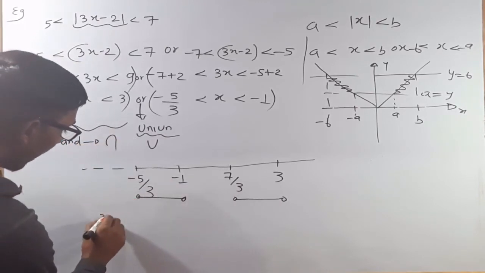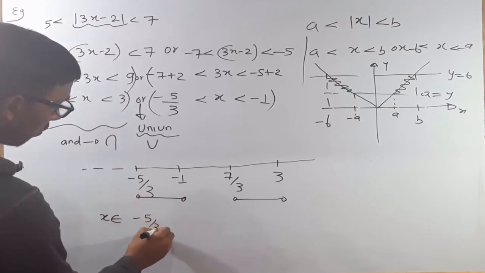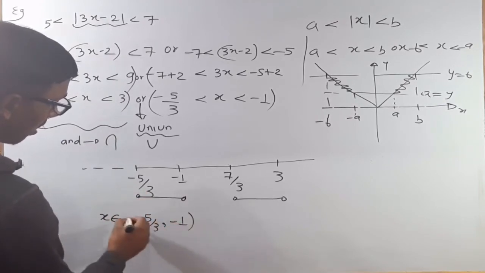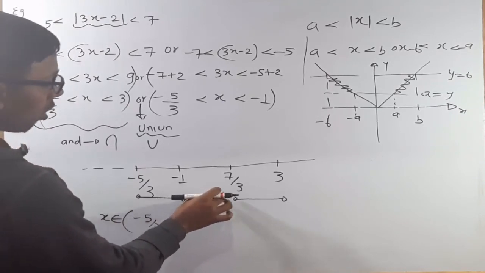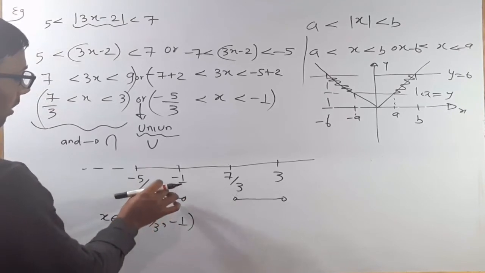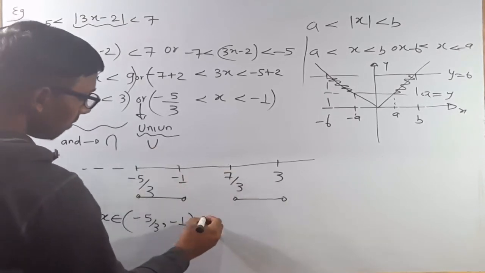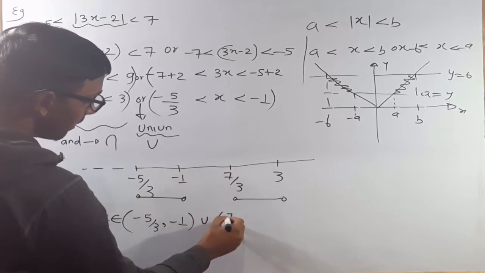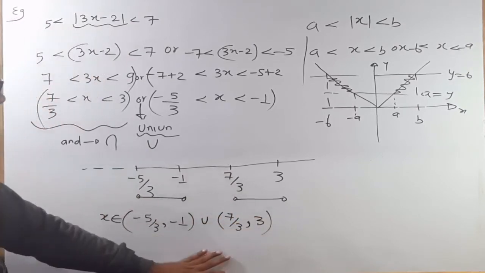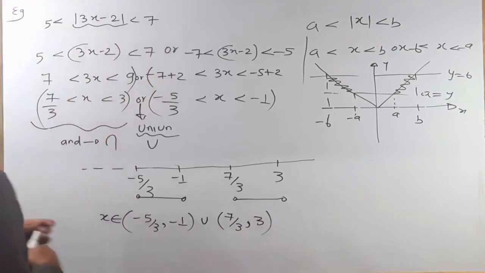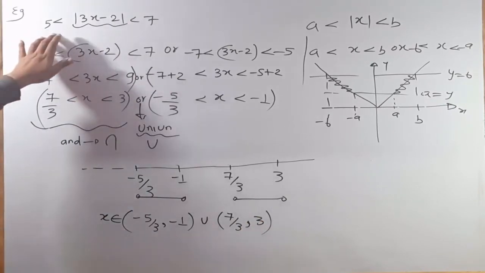Here I am saying x belongs to -5 by 3 to -1, and we are going to union this, or add this, because we can take these values of x or these values of x. Union means addition, 7 by 3 to 3. So this is how we can calculate the values of x as far as the inequality is concerned. These are the values of x for which this inequality will be satisfied.